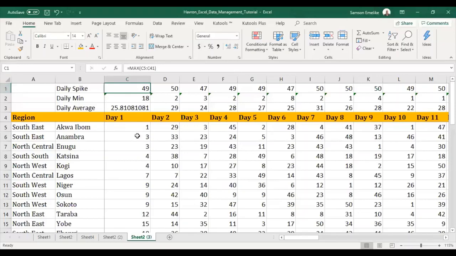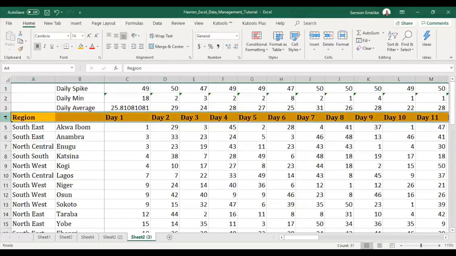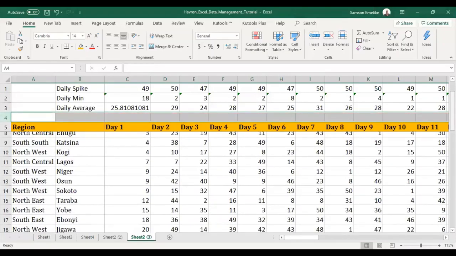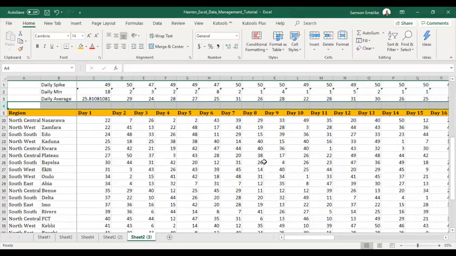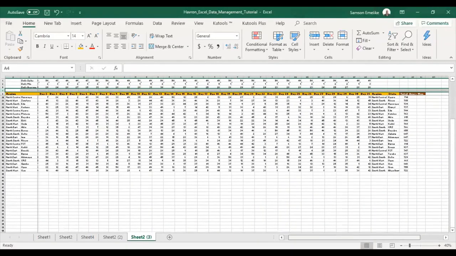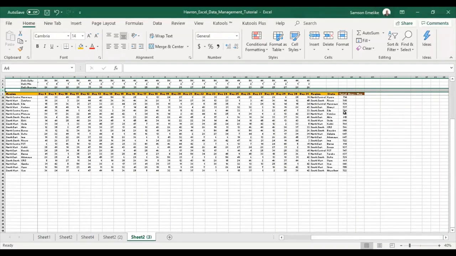Okay, now I want us to apply something. I want to work in this table now. This is a table, and it ended somewhere here.